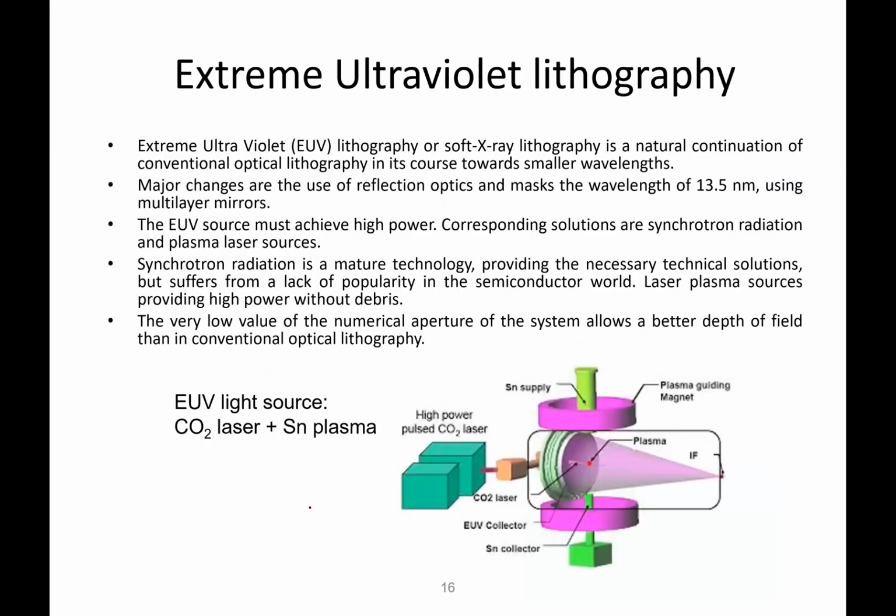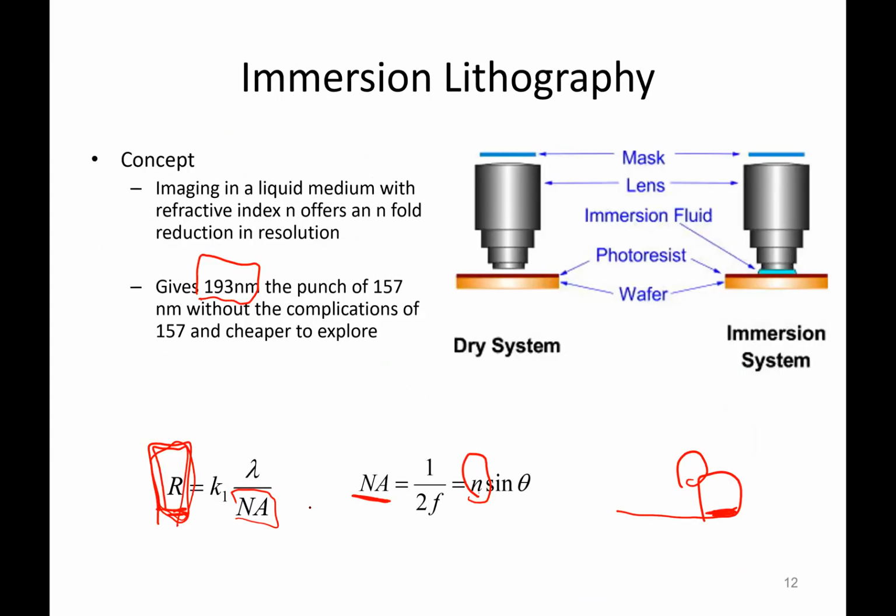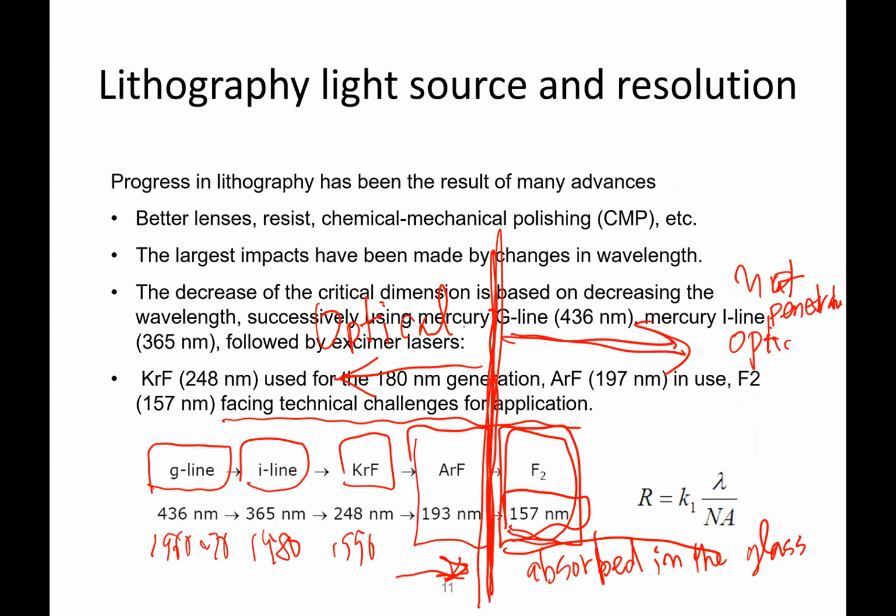So this 153 nanometer light can still be used, but after this we have to use some different type of optics.